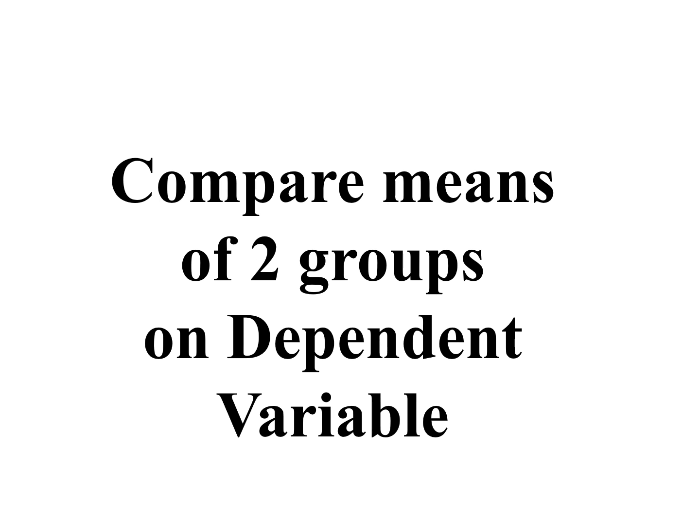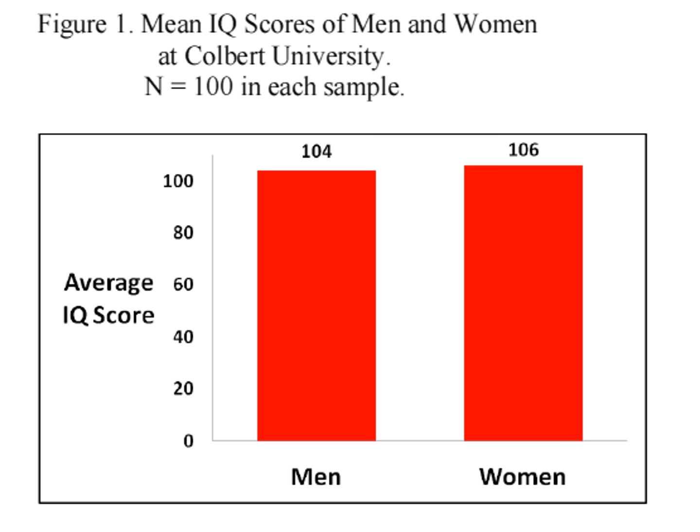Another topic that we covered last class was the two-group studies. We said that in these particular studies, we compare the means of two groups on one dependent variable. And we talked about this specific example where we are comparing the mean IQ scores of men and women at Culver University.